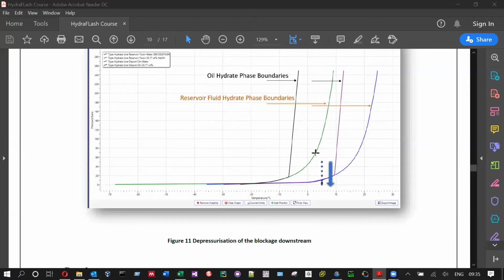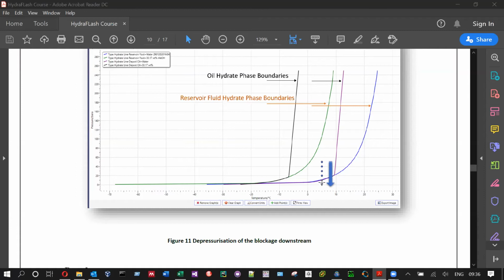Okay, so now assume we don't have methanol because they were not sure the methanol pump was working. At pipeline condition, hydrate can form. Now you see different points on depressurization, and when you depressurize, the fluid will be flashed at that temperature.